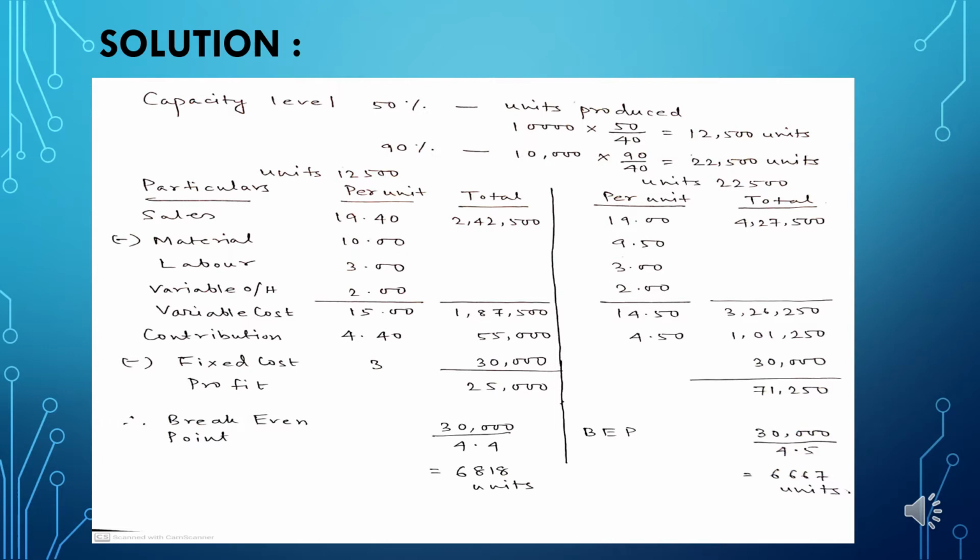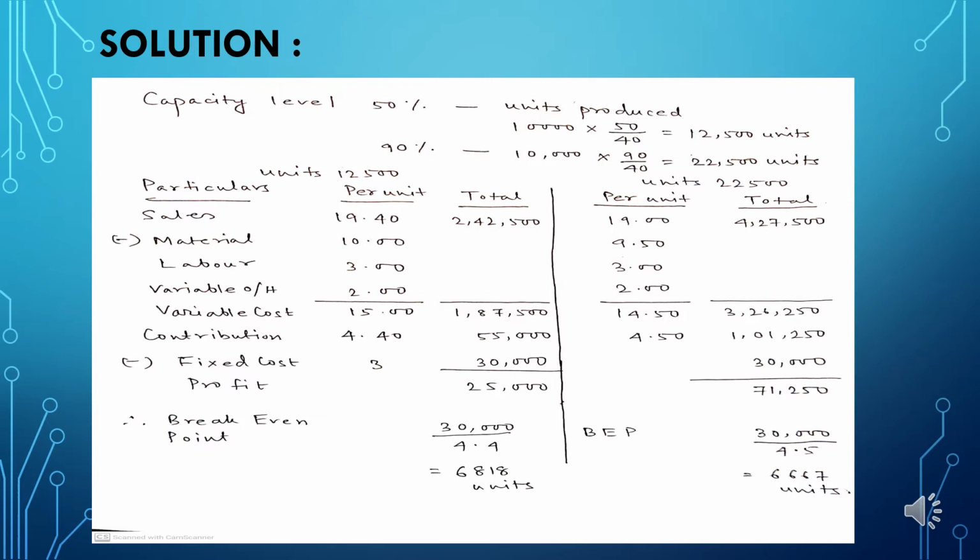Now it has also been mentioned in the sum that if the factory is moving to 50% capacity of production, the selling price falls by 3%. So here we can see the initial selling price was 20. If we are moving on to 50% capacity, it is falling by 3%.